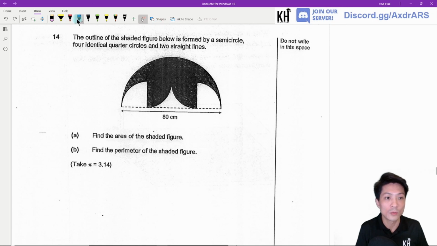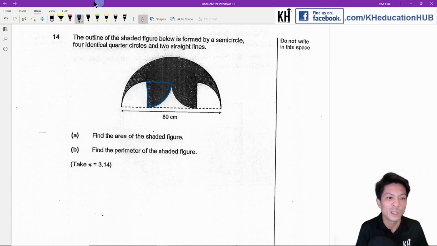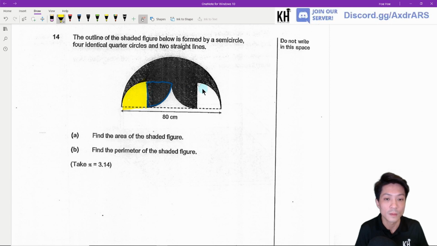Okay, so what I'm going to do is move this part here to here. And the other one I'm also gonna do the same.